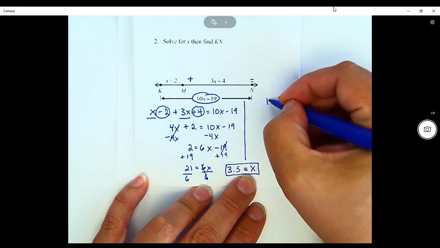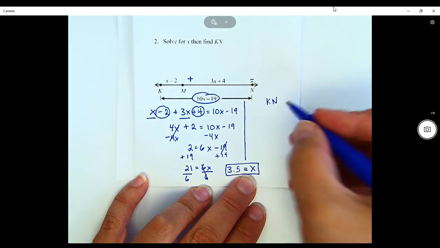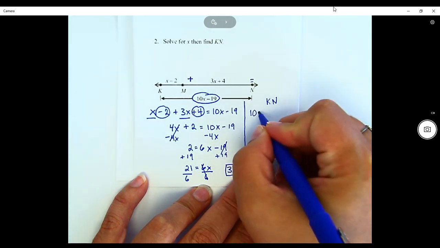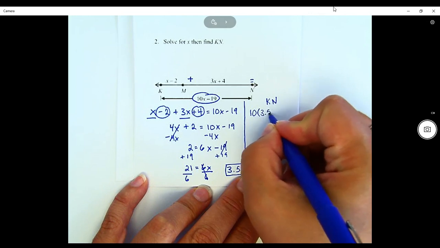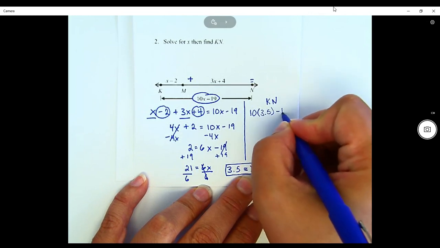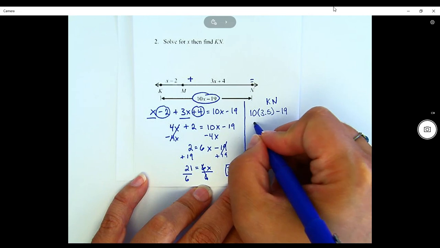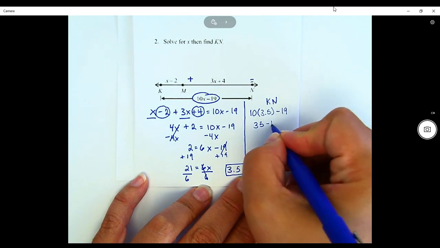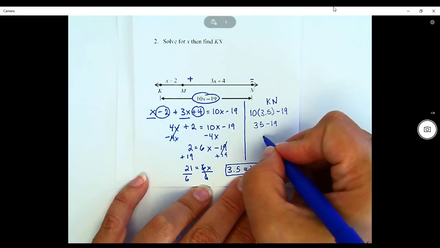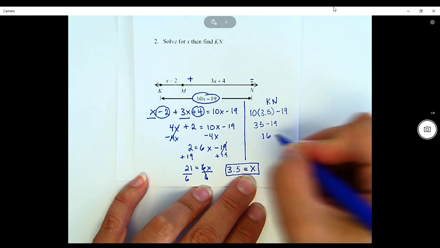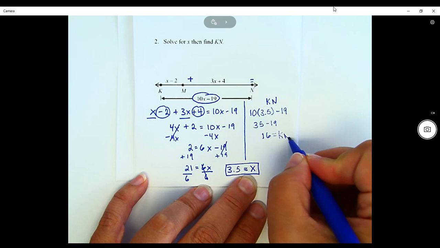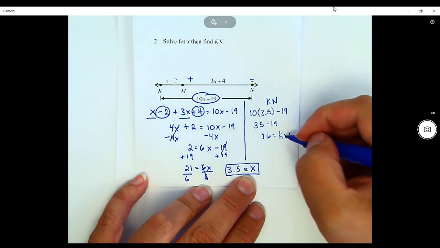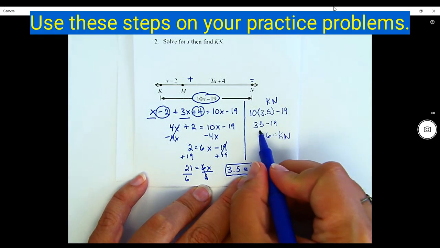For KN, I've got 10 times x, which we know is 3.5, minus 19, or 35 minus 19, or 16, equals KN.